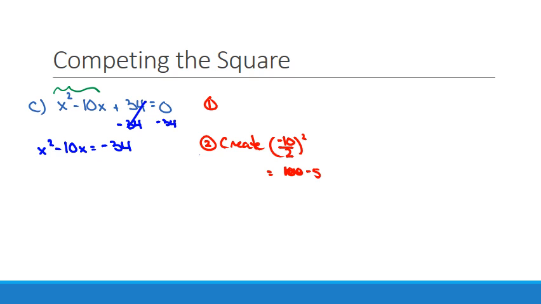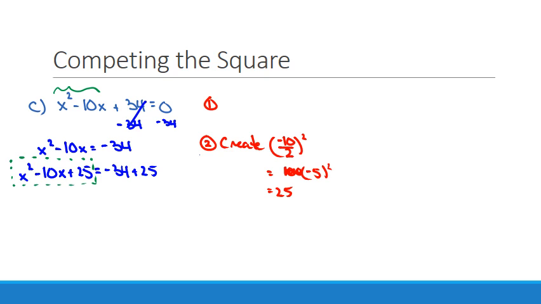That equals 5 squared, which is 25. So I'm going to add 25 to both sides. So x squared plus 10x plus 25 equals negative 34 plus 25. Again, I've now created a trinomial square over here.